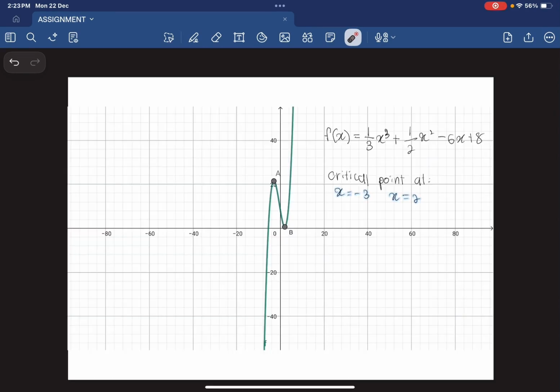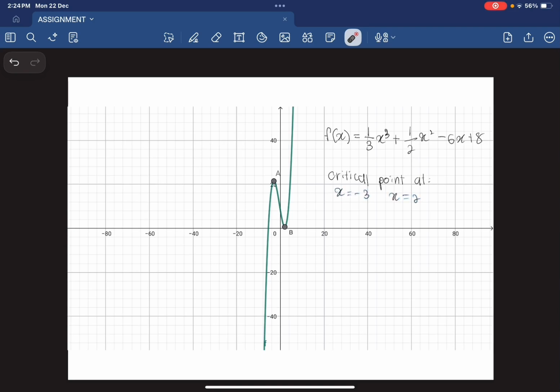Plot the graph using GeoGebra. The graph represents the function f(x) equal to 1/3 x to the power of 3 plus 1/2 x to the power of 2 minus 6x plus 8, plotted using GeoGebra. From the graph, there are 2 critical points at x equal to negative 3 and x equal to 2, where the slope of the tangent is 0.